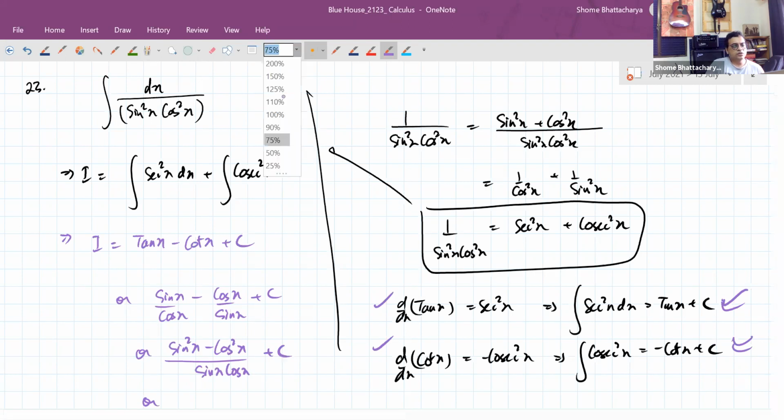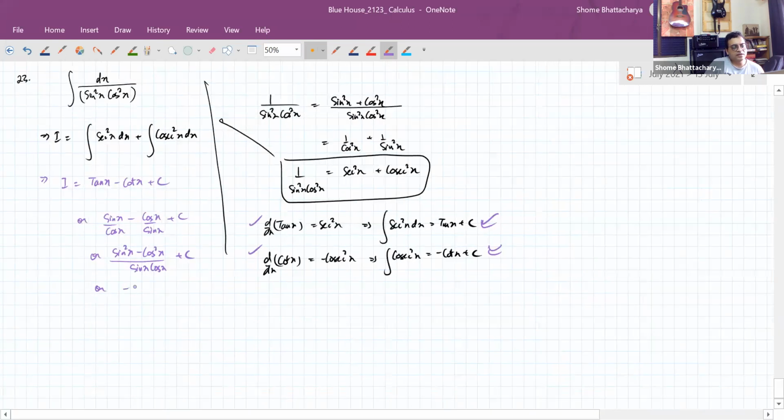You can also now further write the numerator as minus cos 2x, right? And the denominator as sine 2x by 2. So this in fact becomes minus 2 cot 2x. Is that correct? You can see there are so many different ways we can express the answer.